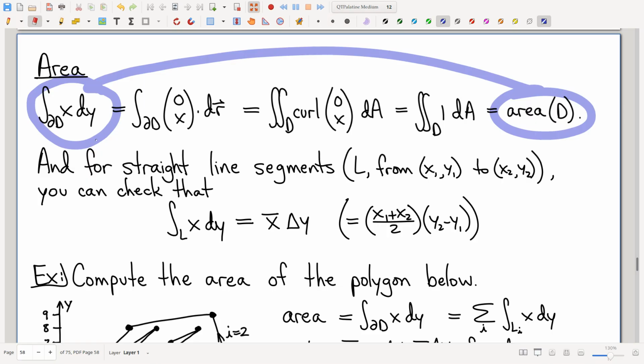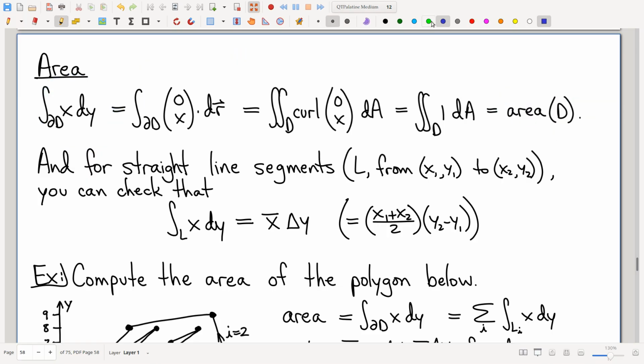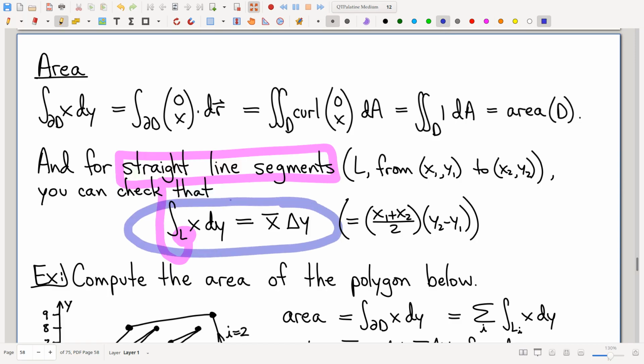Next observation. When you're talking about a line segment, this line integral is incredibly easy to compute. Now, you have to confirm this formula for yourself. I think it is a good little exercise: parameterize a line segment from (x1, y1) to (x2, y2), write this out from the definition, compute the whole thing, and when you're done, reorganize the terms.